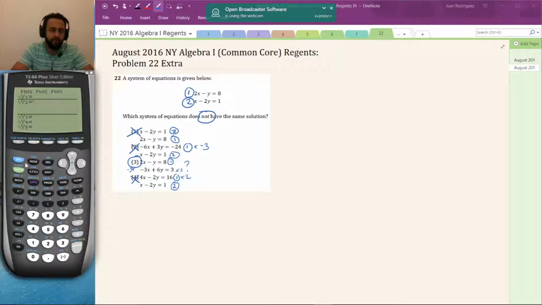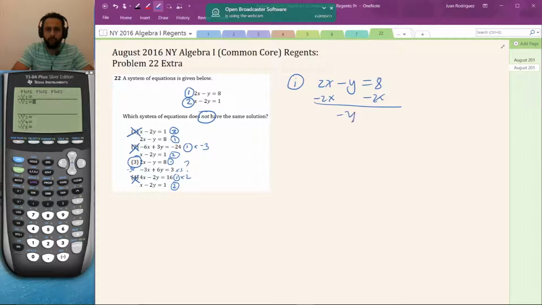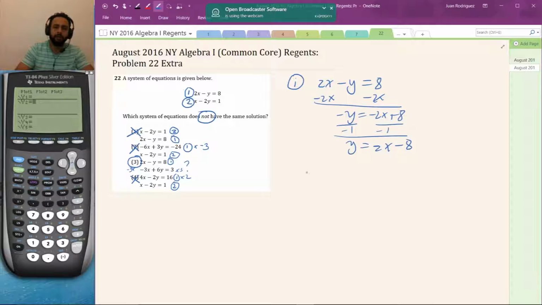And you can do this on your calculator in the following way. Equation 1 says 2x minus y equals 8. And so we're going to solve for y, minus 2x, and you get negative y equals negative 2x plus 8, divide by negative 1, and you get y is equal to 2x minus 8, okay?